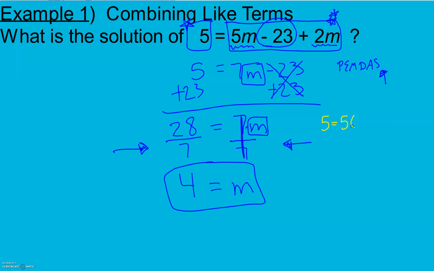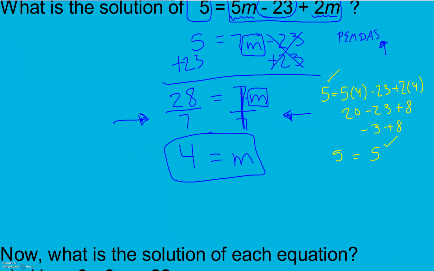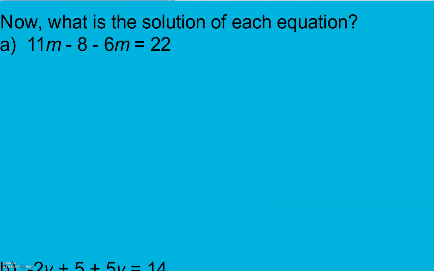So 5 equals 5 times 4 minus 23 plus 2 times 4. And check. 20 minus 23 plus 8, we multiply first. I get negative 3 plus 8, which gives me 5, which does equal 5 here. So we are correct. Now feel free to pause here and give this a try if you'd like.